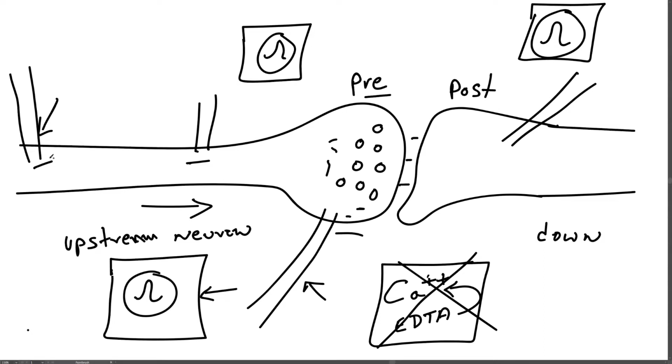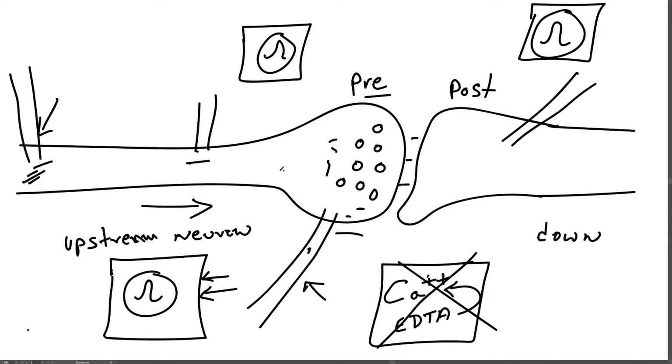Now, if you stimulate the presynaptic neuron with this upstream electrode, the axon will fire, and that can be recorded by the downstream electrode here, and then detected by the oscilloscope. So you can stimulate the neuron, and the neuron still fires.